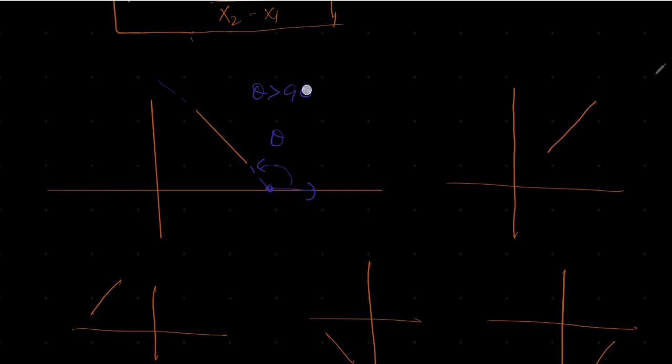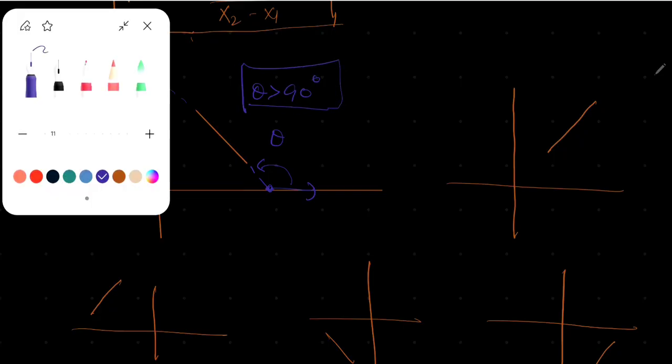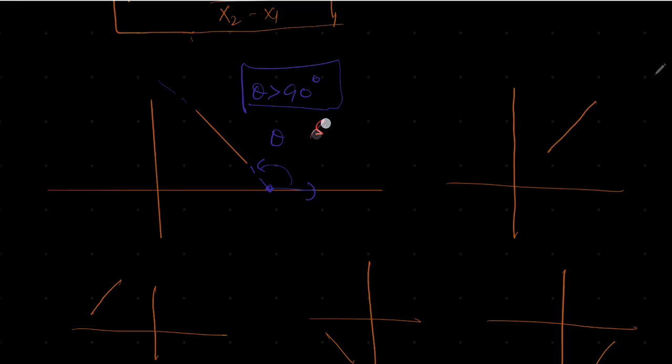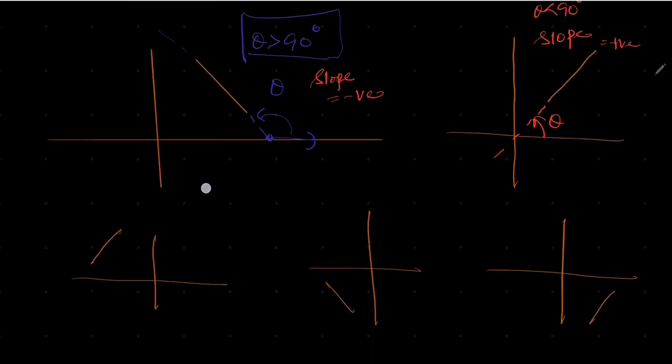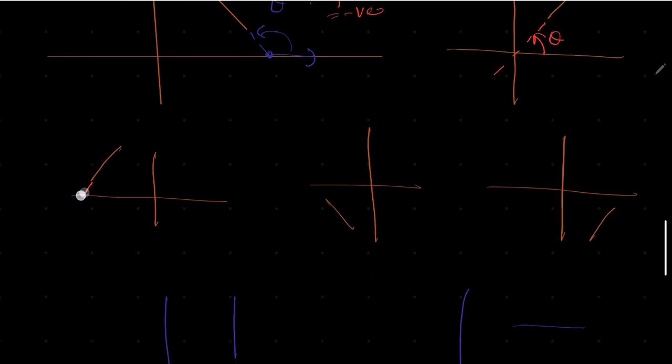This angle is greater than 90 degrees, so tan will be negative, therefore the slope is negative here. Extend it, theta less than 90, slope is positive because tan theta will be positive. Similarly, extend it, again theta less than 90, positive.